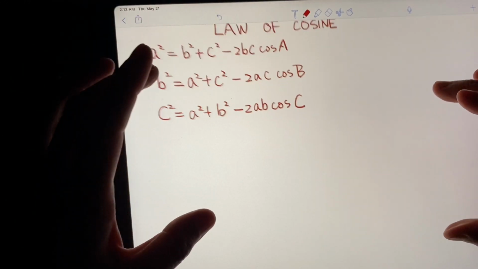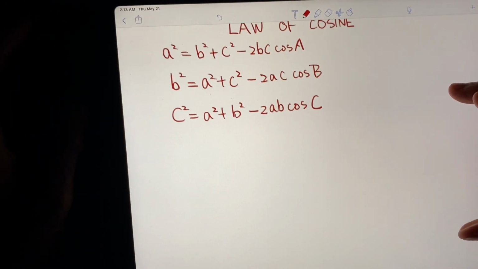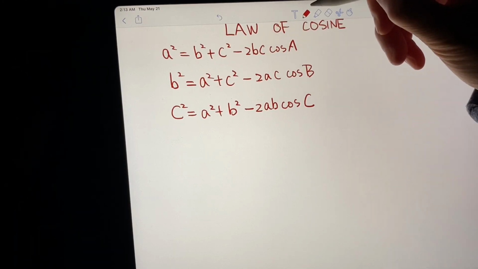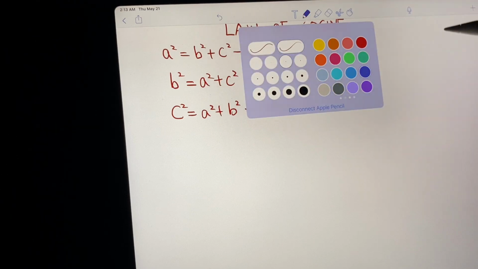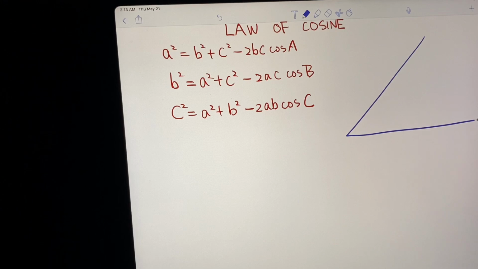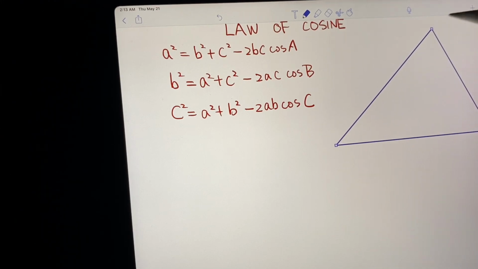So I will draw a triangle to try to prove it. Let's do a blue triangle here, and I will make a scalene triangle. It's just easier that I make it into an acute triangle. It could be obtuse, it could be a right triangle.